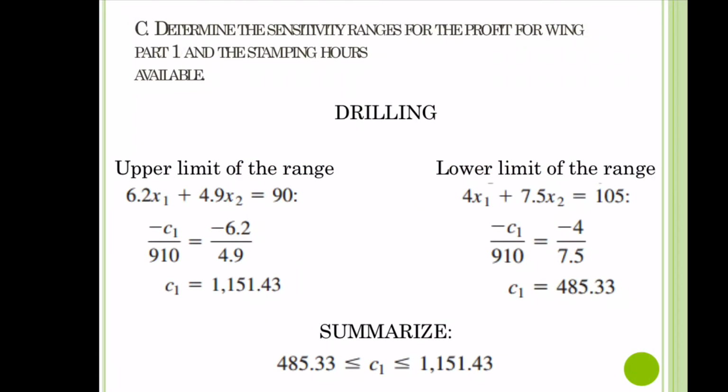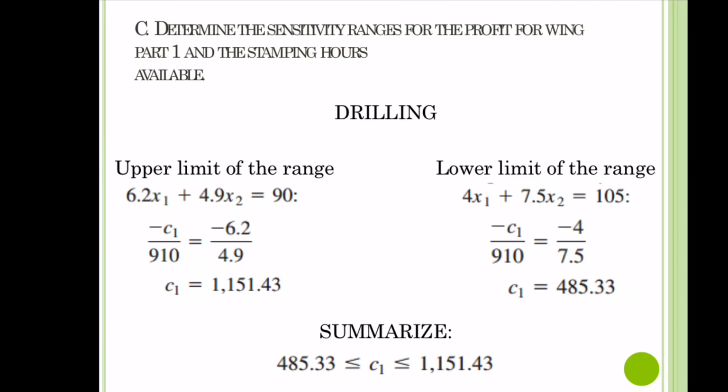Determine the sensitivity ranges for the profit for wing part 1 and the stamping hours available. The sensitivity range for the profit for part 1 is determined by observing the graph of the model and computing how much the slope of the objective function must increase to make the optimal point move from B to C. The upper limit of the range is determined by computing the value of C1 that will make the slope of the objective function equal to the slope of the constraint line for drilling. 6.2 x sub 1 plus 4.9 x sub 2 equals 90.